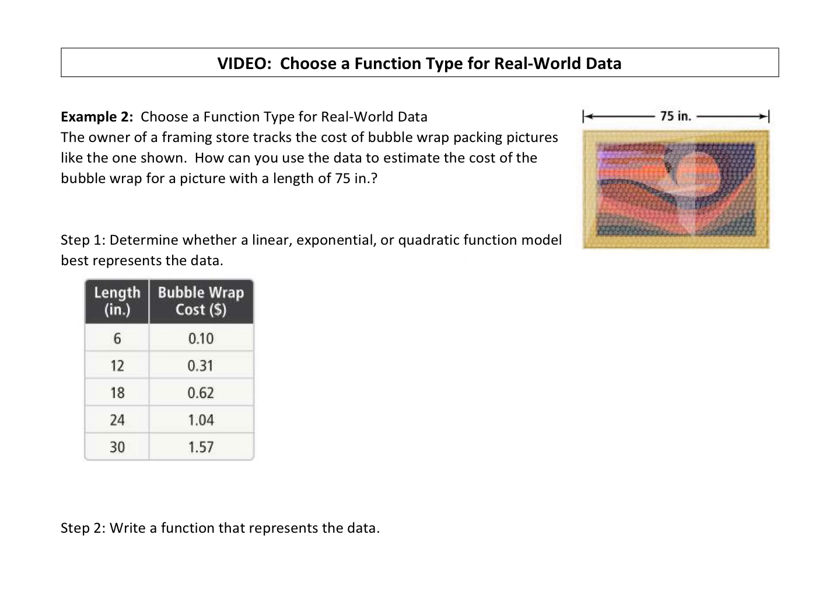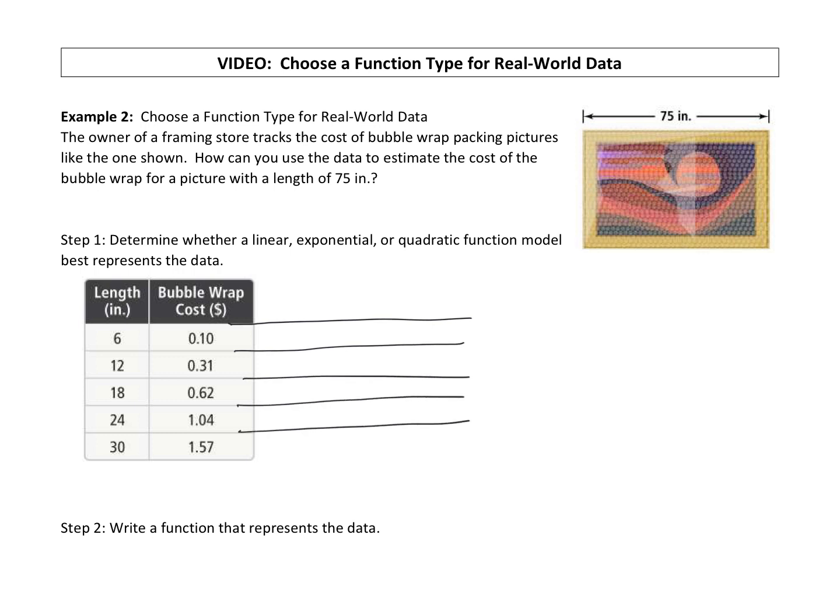So why don't we extend our table so we can work on finding the differences to see if we have constant first differences, second differences, or ratios. So let's do our first differences. Well, before we do that, let's make sure that our x values are increasing by a constant amount.